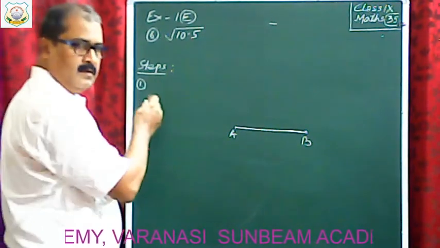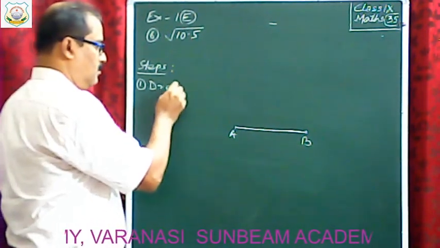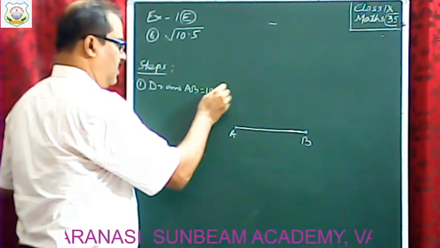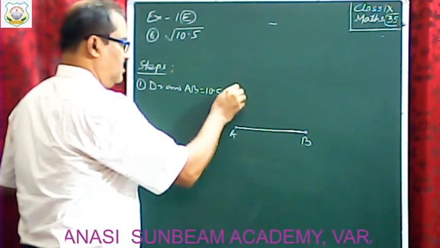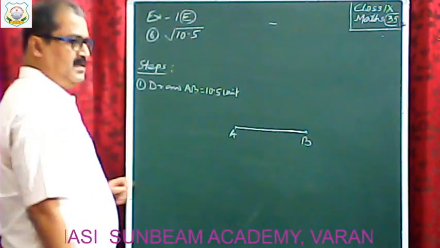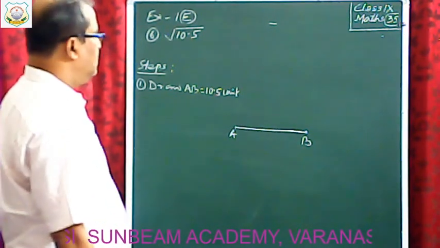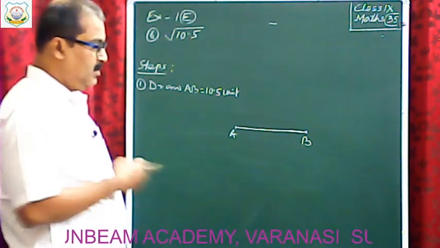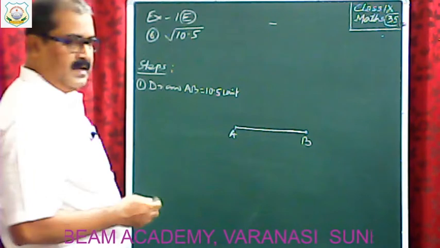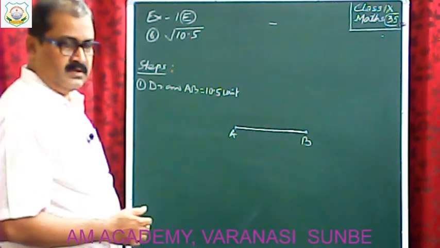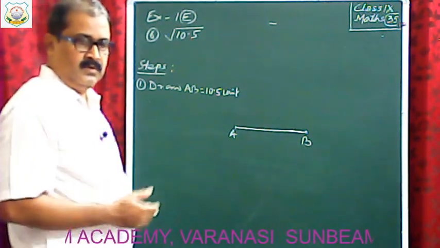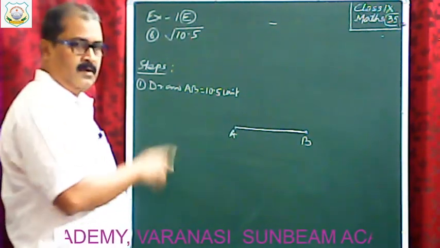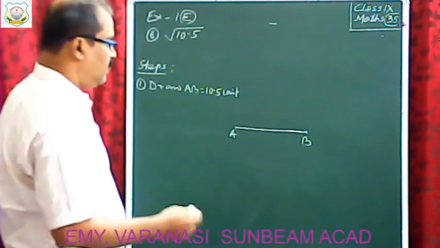Step 1: Draw AB equal to 10.5 unit, 1 centimeter equal to 1 unit. In such questions, you always have to produce the line segment you have drawn by 1 unit, that is, 1 centimeter.